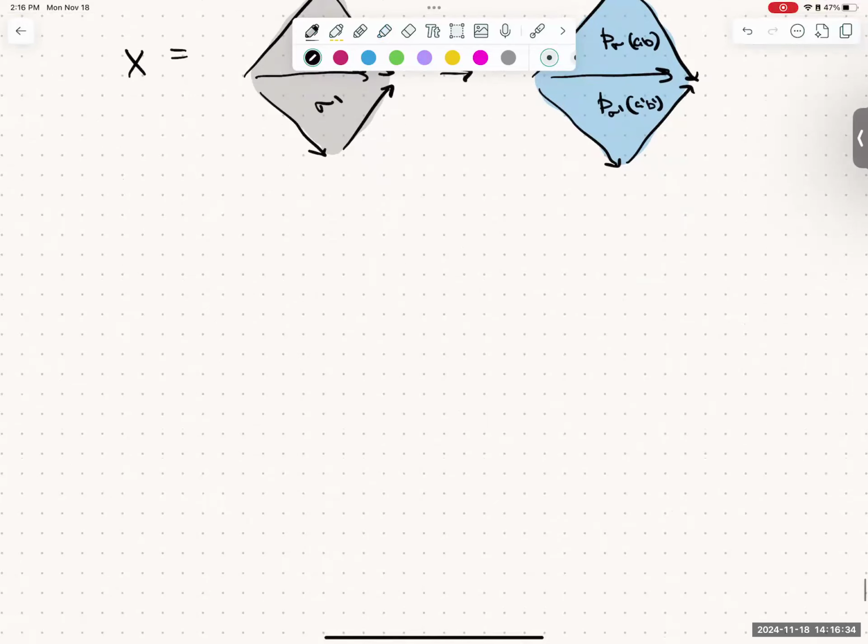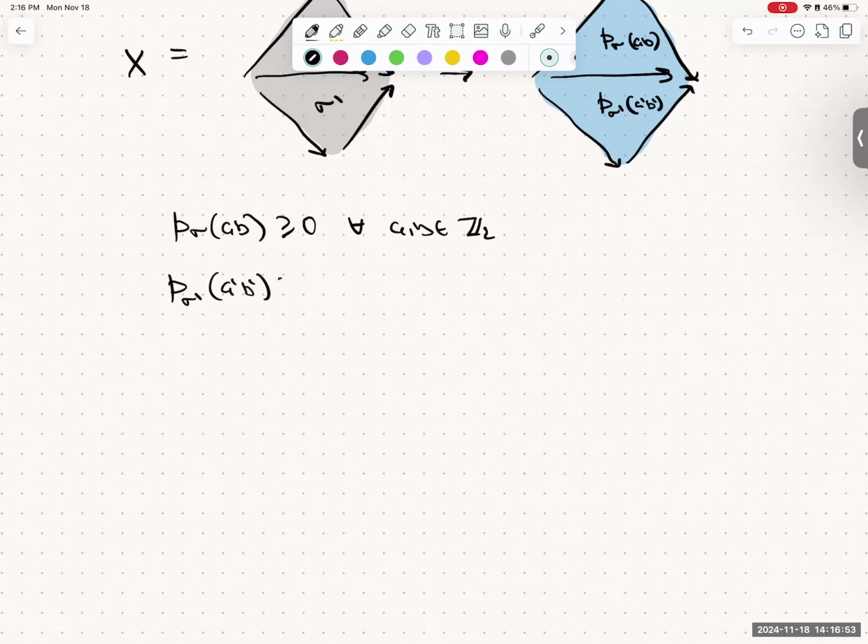So how do we construct the polyhedron for this one? We have, again, P sigma of AB greater than or equal to 0 for every A, B in Z2. We also have P sigma prime of A prime, B prime, greater than or equal to 0 for every prime.